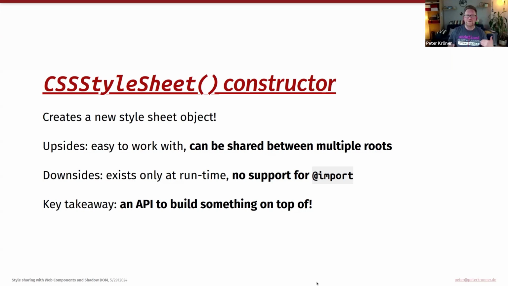And if you choose to use constructed style sheets, then you have to build something on top of this. I mean, think about it. If you want to use a style sheet in a web component or in a web page, you simply write a bunch of HTML and then it works. The browser will automatically download your CSS, will parse it into a style sheet and append it to wherever you've created this style sheet element.